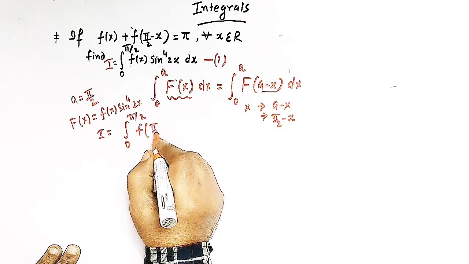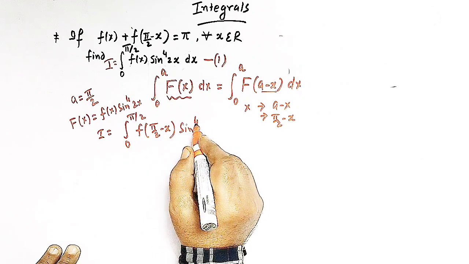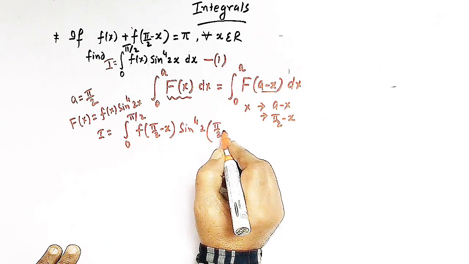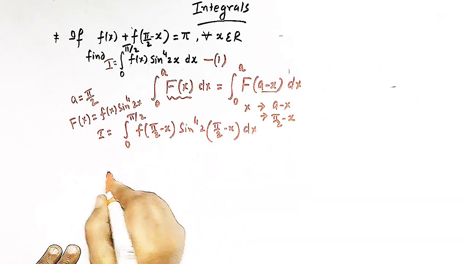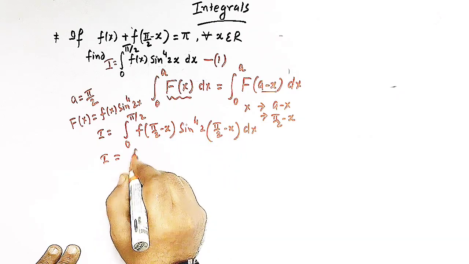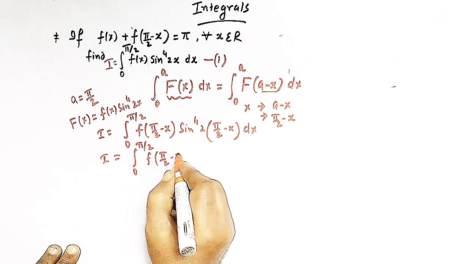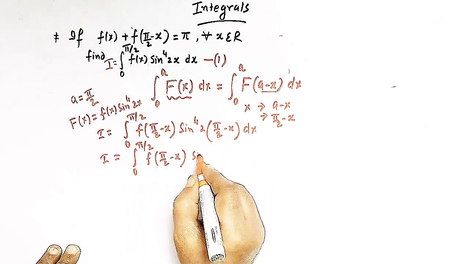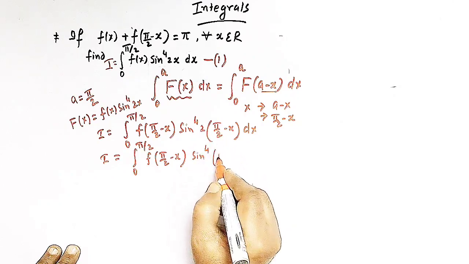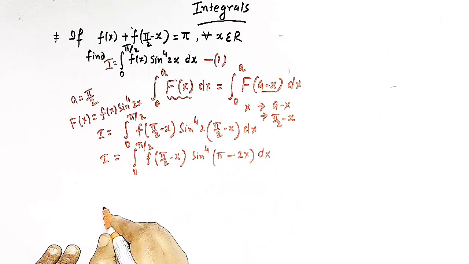So we have f of pi by 2 minus x, and then sine with the exponent 4, and then 2 times pi by 2 minus x, and dx. So now let us solve this integrand. We have the integral from 0 to pi by 2 of f of pi by 2 minus x, and here we have sine 4, and 2 pi over 2 is simply pi, and then we have 2x, and dx.